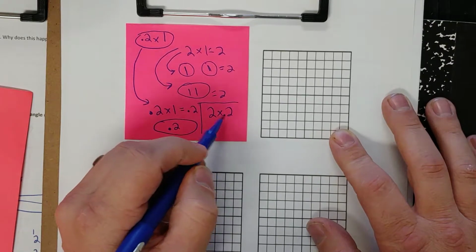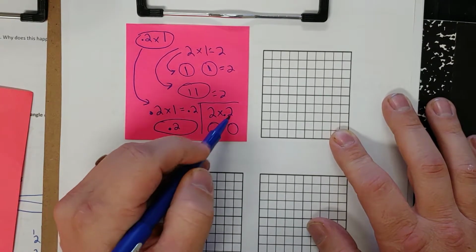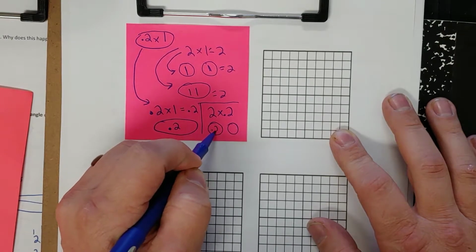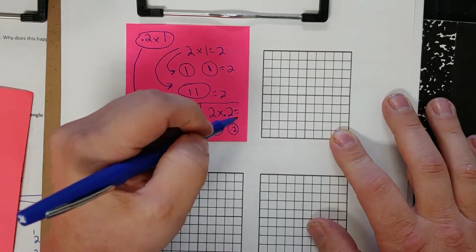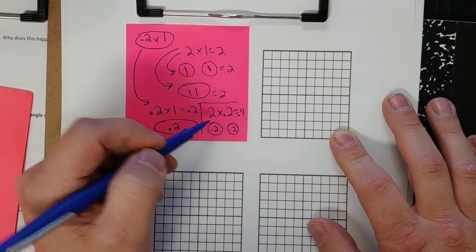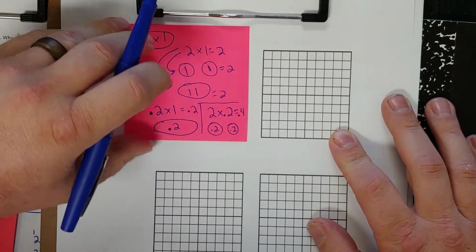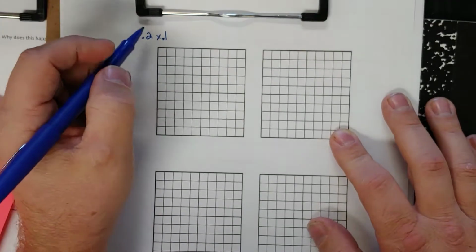Well, again, I can think this way. I could think reverse. I could say I have 2 groups, and in each group there are 2/10 in it. And that's 2/10 and 2/10, which is 4/10. Or you can think 2 times 2 is 4. Well, 4 what? 4/10.